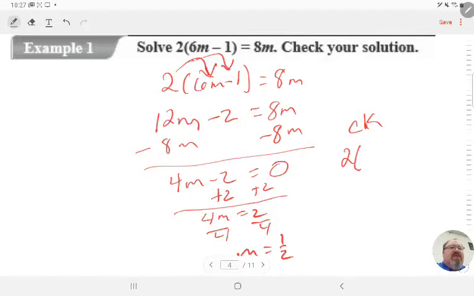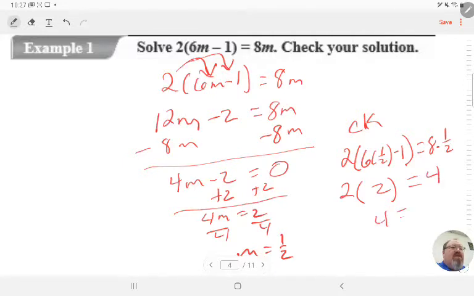So 2 times (6 times 1/2 minus 1) equals 8 times 1/2. Well, 6 times 1/2 is 3. 3 minus 1 is 2. 2 times 2 is 4, and 8 times 1/2 is 4, and 4 equals 4. So it checks. m does equal 1/2.